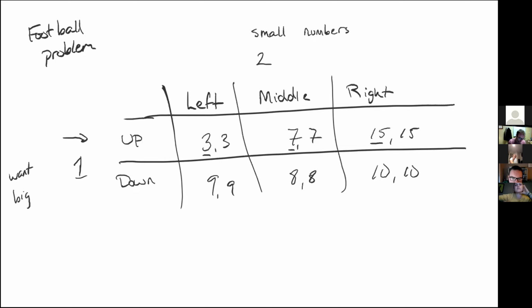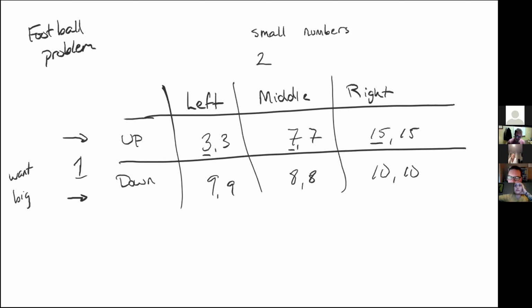And if player 2 plays down, then 8 is the smallest number, right? So they don't have a dominant strategy either.